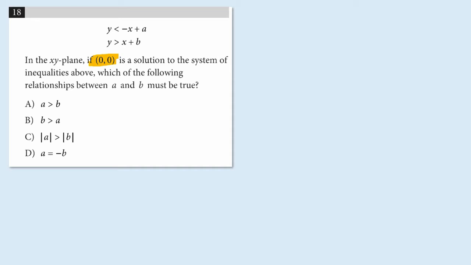So let's use that clue and look at these inequalities one by one. Let's just substitute 0 in for x and for y and see what happens to the statement. So for the first inequality, I would end up with 0 is less than negative 0 plus a.